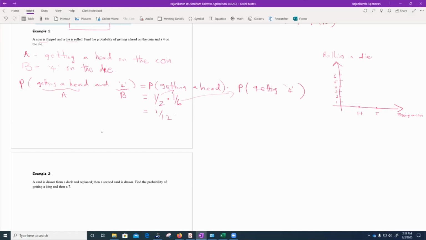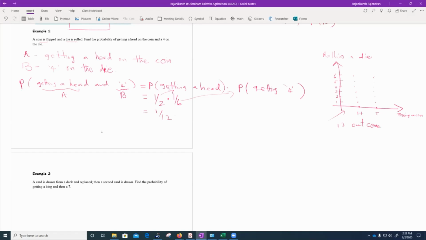So if you consider these two events altogether, you may have how many outcomes? In all, 6 plus 6, there are 12 outcomes.